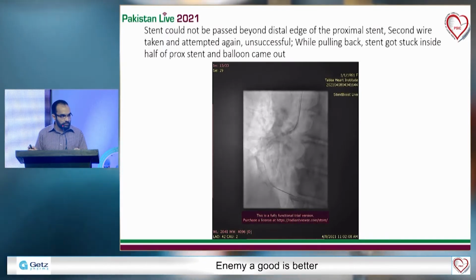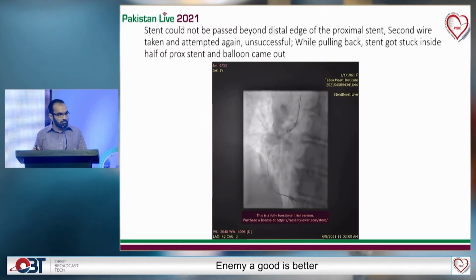Stent could not cross the distal edge of the proximal stent. So a second wire was taken as buddy wire and we tried to deliver the stent, but the stent again could not cross, and while pulling back, the stent got stuck inside the proximal half of the stent.